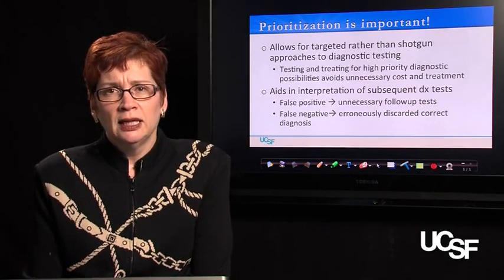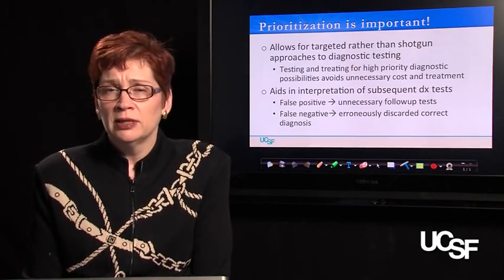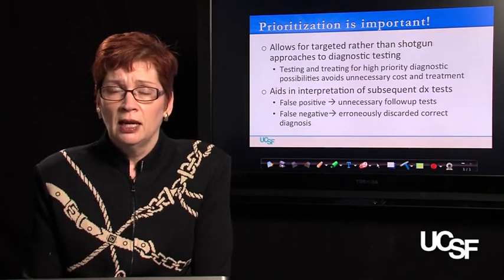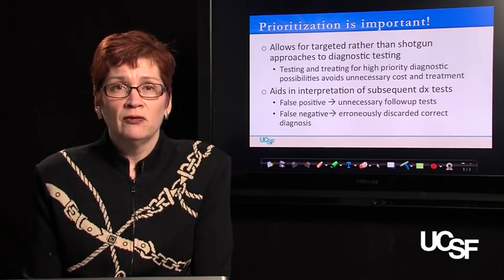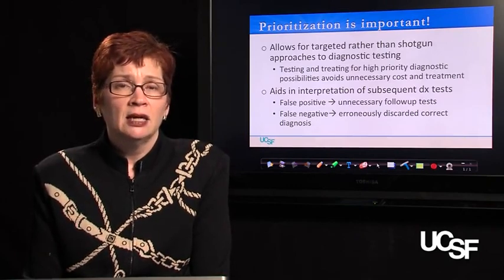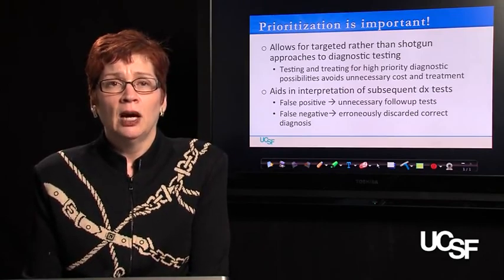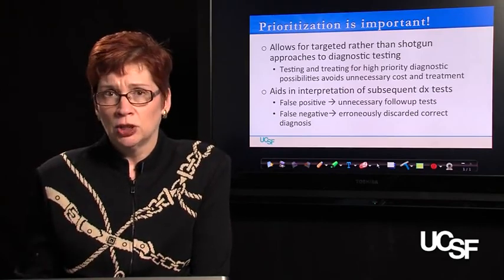Or a test result can lead to a false negative conclusion, which means that we might erroneously discard something that was a clinically correct diagnosis. And we minimize the likelihood that we fall prey to these traps of false positive and false negative tests if we understood going into the test how likely our clinical diagnosis of the disease in question is.